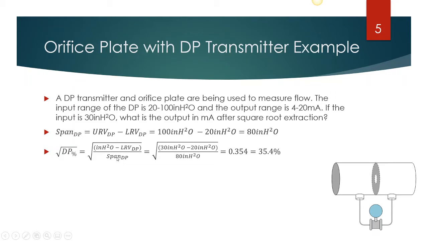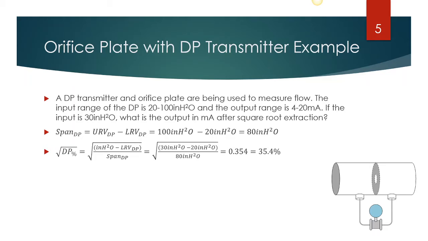And then we want to divide that by the span, the total length that this could be measuring. And what that's going to give us is the percentage that we are within that span. Now normally we would just take that percentage if it was linear and then multiply it times our output range. But we're using what's called square root extraction on this, because that's the relationship. We no longer have a linear transfer function.